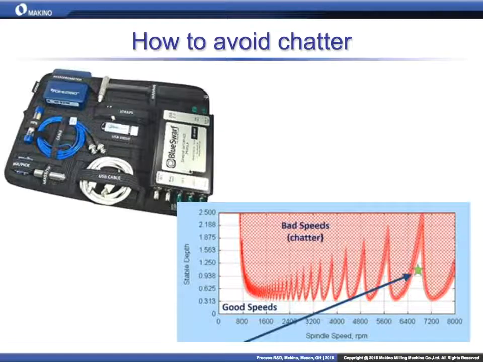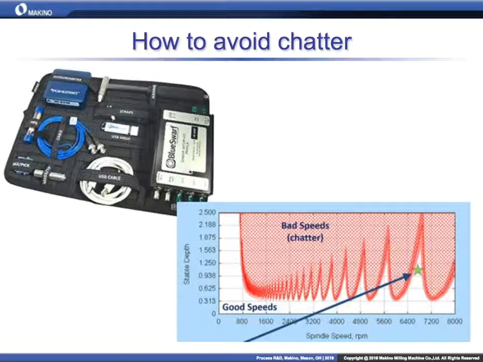By knowing the tool's natural frequencies and how it behaves under certain conditions, you can create this graph that's shown in the bottom right-hand corner. And again, with the fancy names, that's referred to as a stability diagram or a stability lobe diagram.